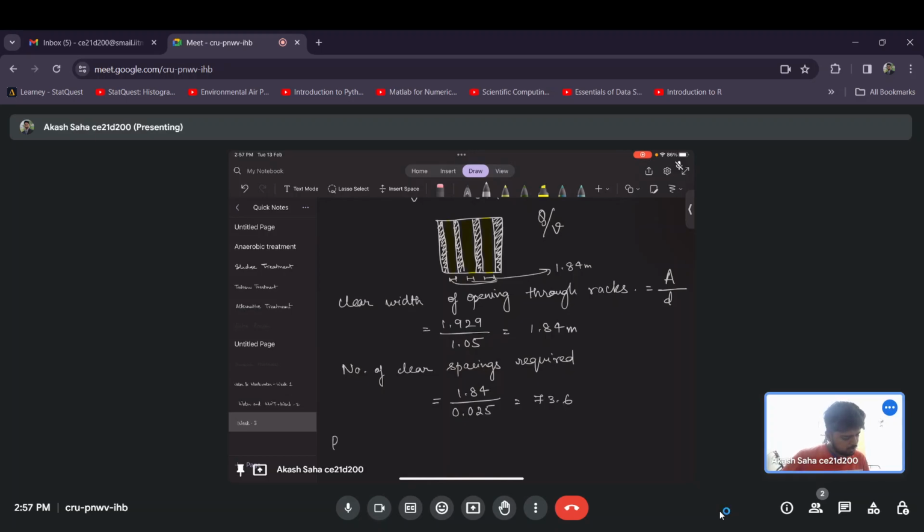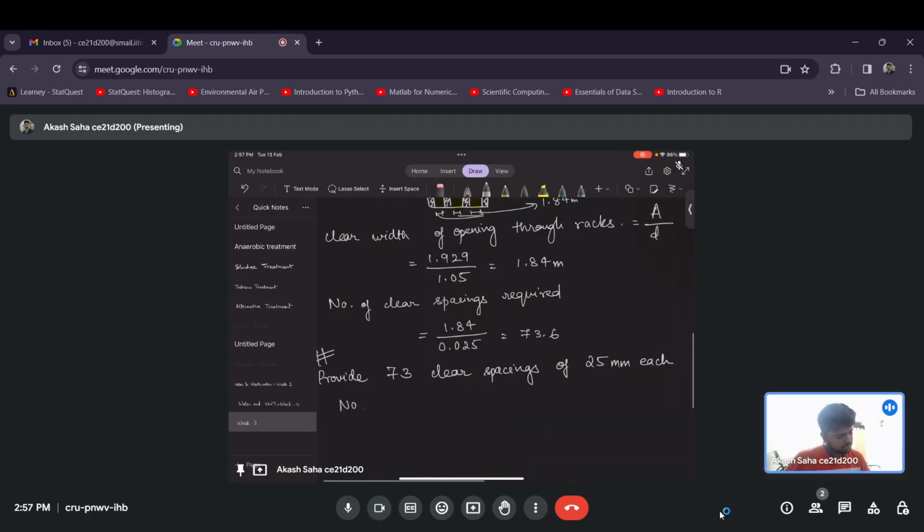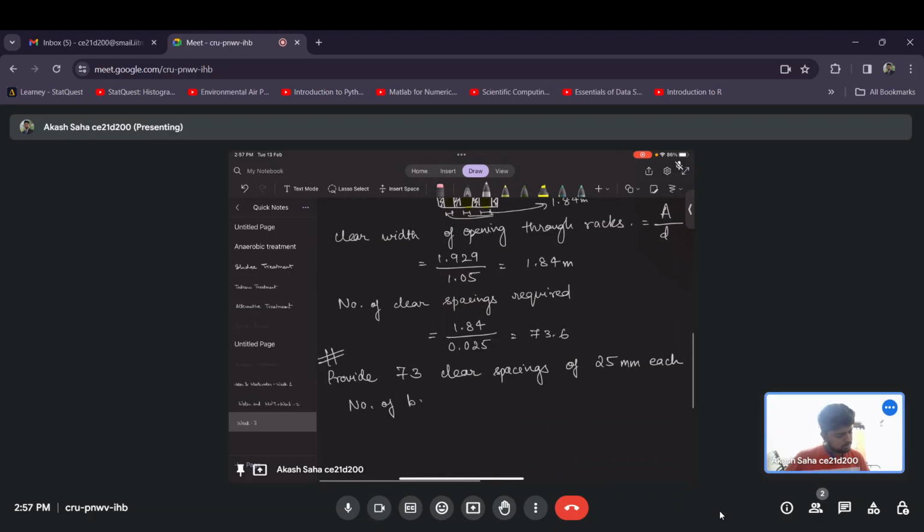Hence, for the bar racks, we provide 73 clear spacings of 25 mm each. My number of bars will be one less than the clear spacings, 73 minus 1, that is 72.